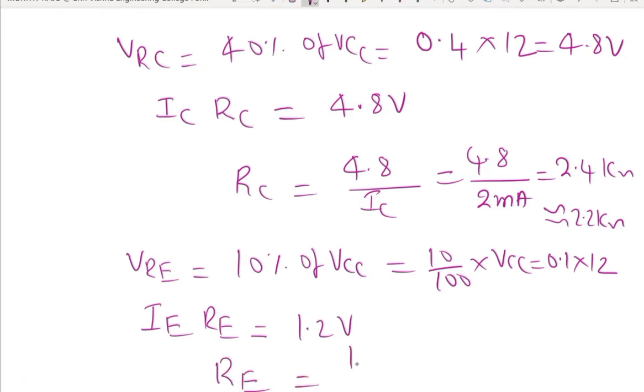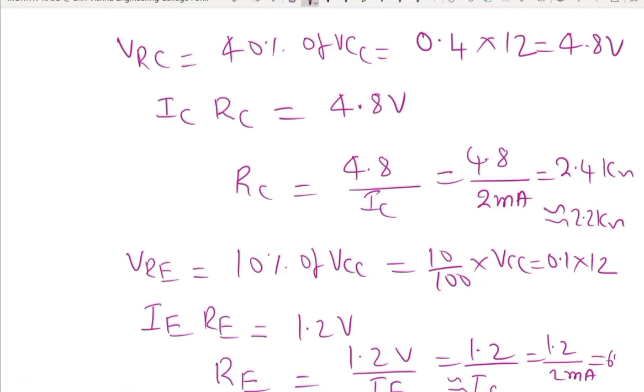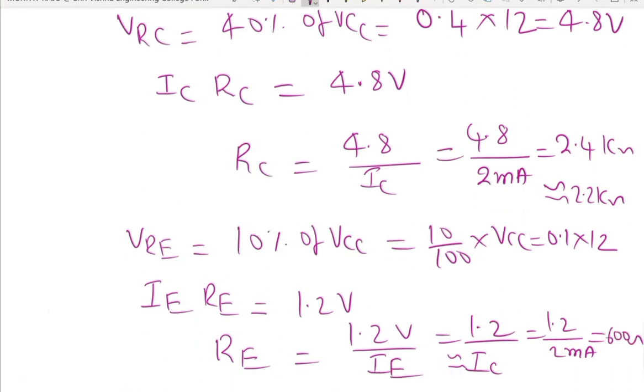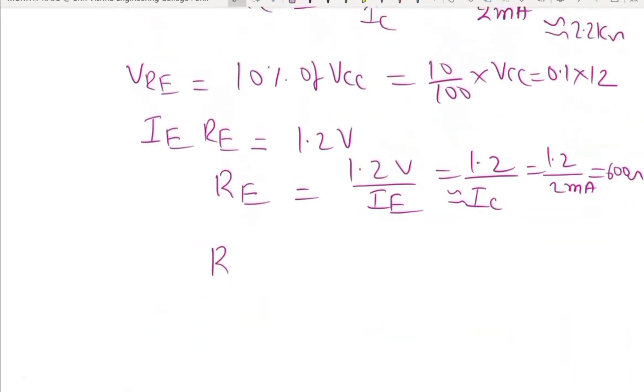RE is equal to 1.2 volts by IE. IE is approximately equal to IC, so 1.2 by 2 milliamps is equal to 600 ohms. Therefore, RE is equal to 680 ohms.